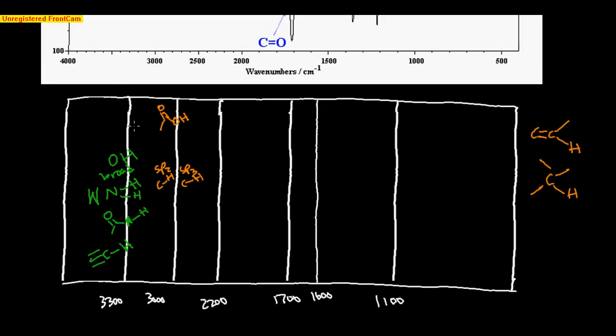Here you have your nitrile group, carbon triple bonded to a nitrogen, on the left side. On the right side, you see your carbon triple bonded together, your alkyne. Many times this can be a very weak signal, meaning that it's not very tall.